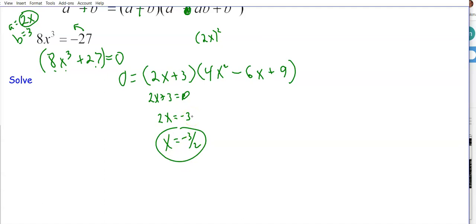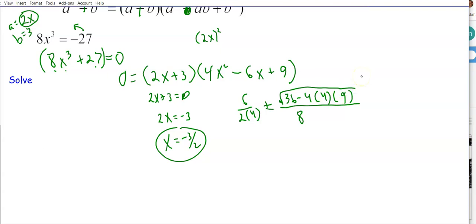And this one doesn't really factor, so we're going to do the quadratic formula here. So it'd be the opposite of b, which is 6, over 2 times 4, that's over 8. Square root of b squared, which is 36, minus 4 times 4 times 9. Let's see, 4 times 4 is 16. 16 times 9 is 144.